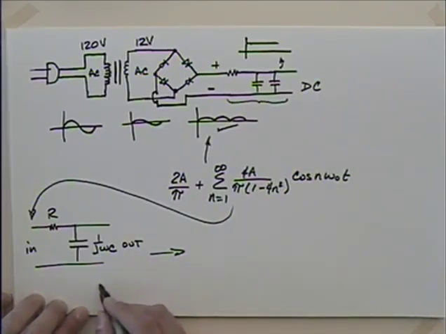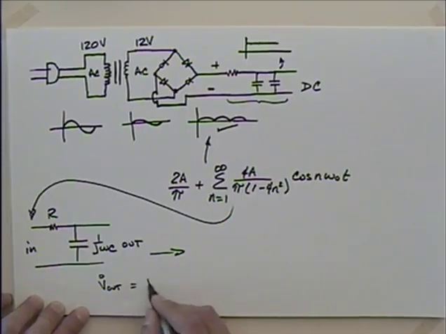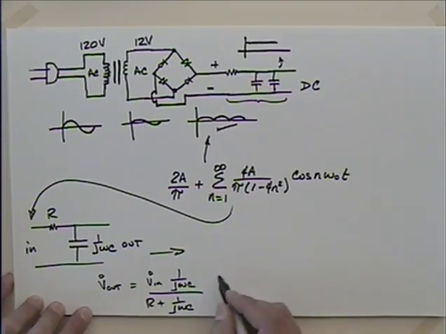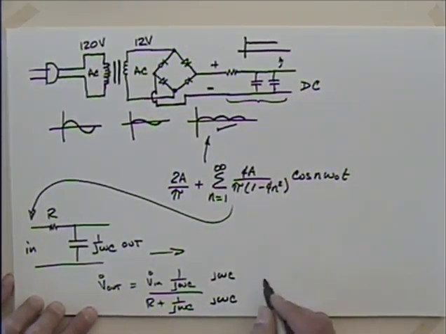So your transfer function, V out, would be equal to V in times 1 over j omega C divided by R plus 1 over j omega C. Classic voltage division, right? I'm going to multiply by j omega C over j omega C. And this turns out then to be V in divided by 1 plus j omega RC. Can you go through that? Yeah.